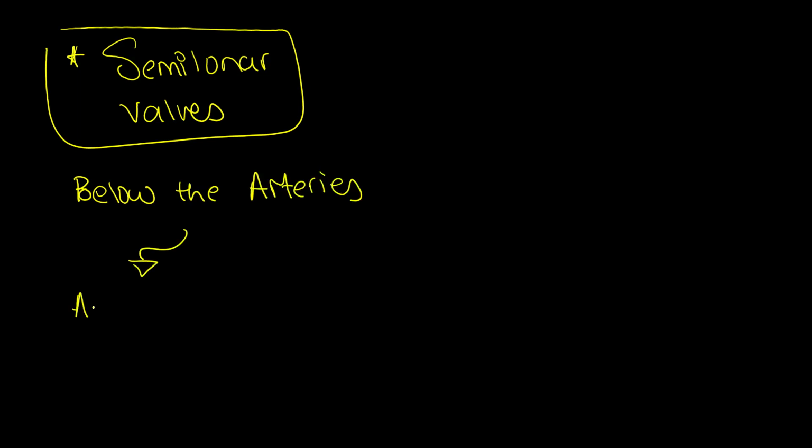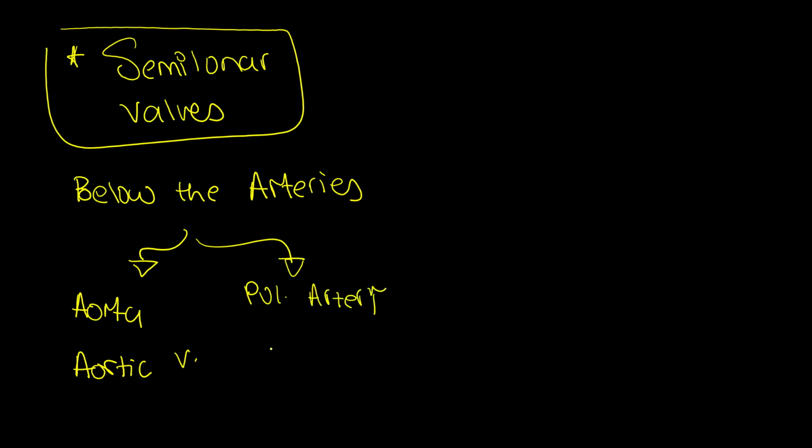Below the aorta, it's called the aortic valve, and below the pulmonary artery, it is known as the pulmonary valve. And for your information, the aorta and the pulmonary artery are the only two arteries in the whole body that have valves. Any other artery in the rest of the body has no valves. We'll go back to it when we study the different blood vessels.